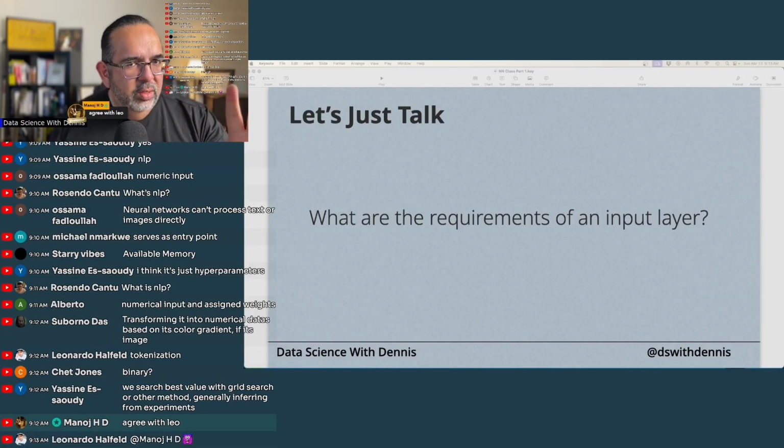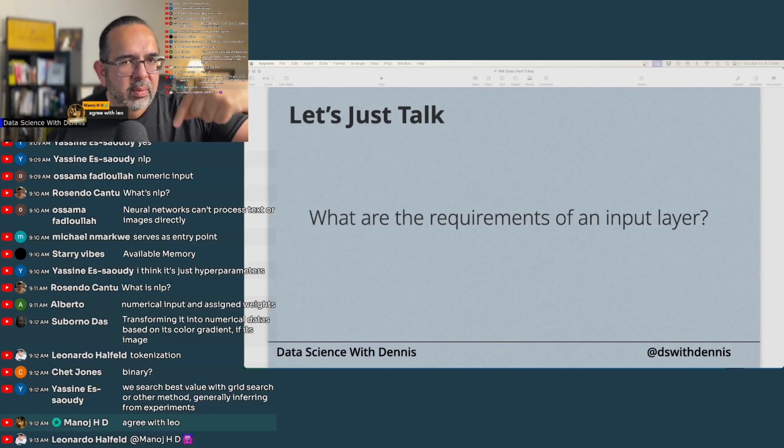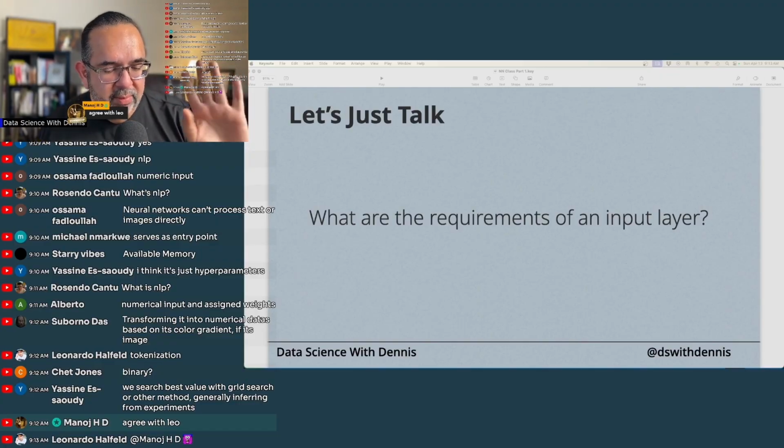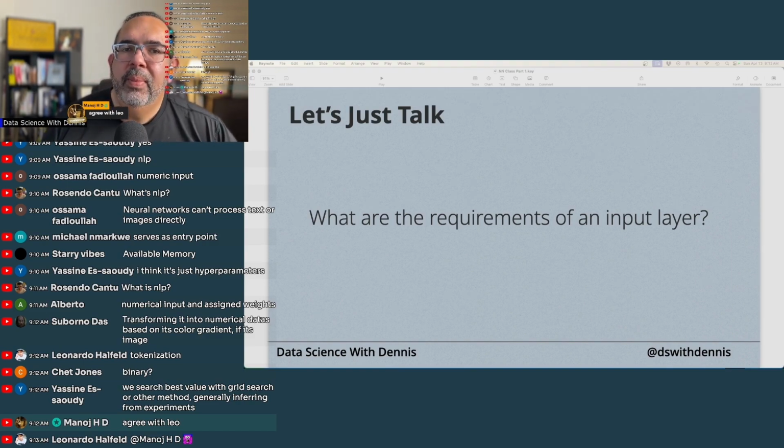So for those of you that don't know, if you're new to NLP, write this down: token, because I asked this in interviews, and I've seen other people ask this. What is tokenization? Tokenization is the process of taking words and converting them to a numeric value that can then be understood by models, right?